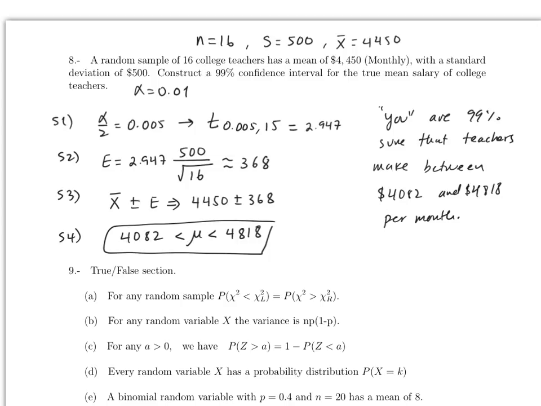Remember that you can use a calculator if you want to skip step 1, step 2, and step 3. No matter what you do, you have to have a step 4 in this form, and you have to explain what this means based on the problem. You want to get all the credit for that problem.